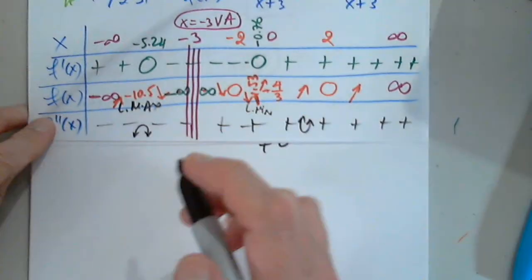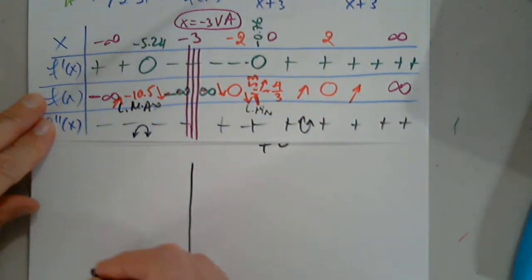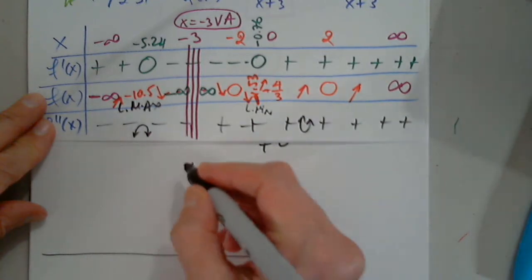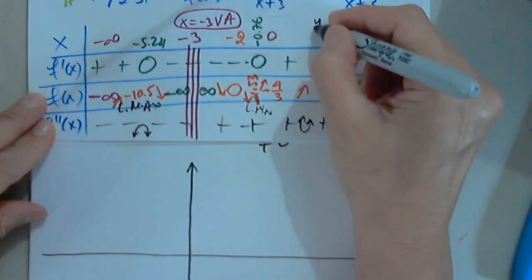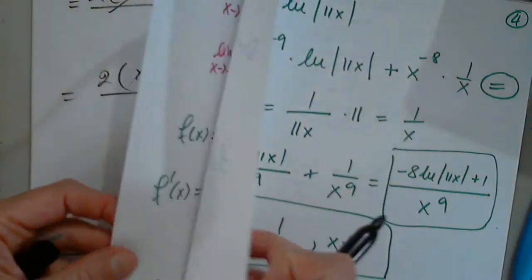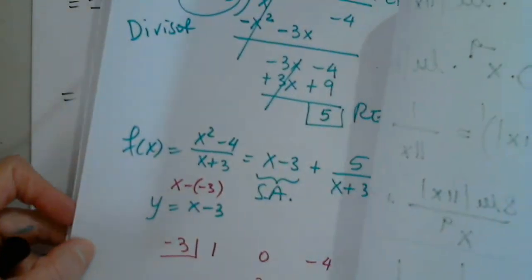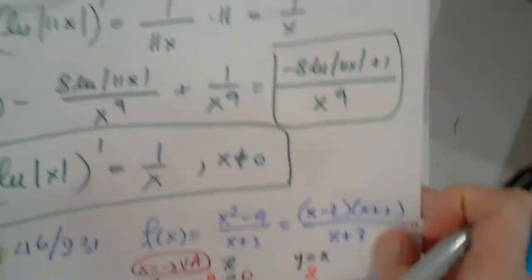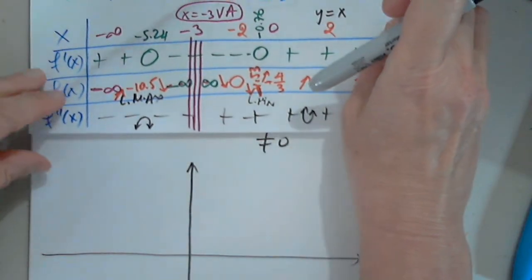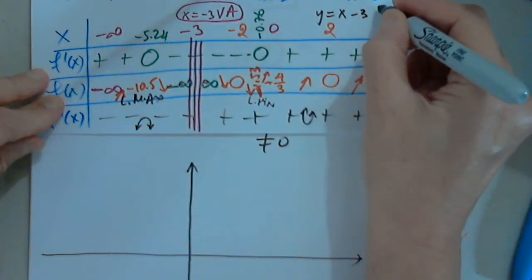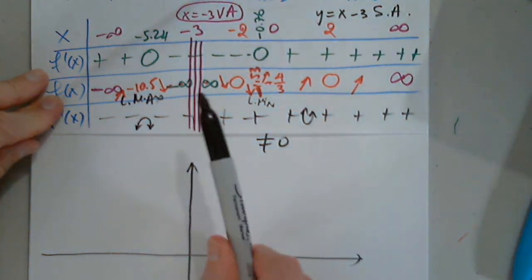So I only need the table and the slant asymptote. So y was x minus 3. We determined it some 15 pages ago. Yes, x minus 3. Good. So x minus 3, slant asymptote. I have to start with a vertical.